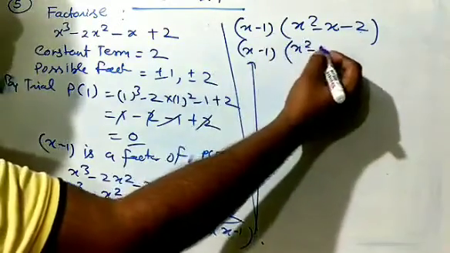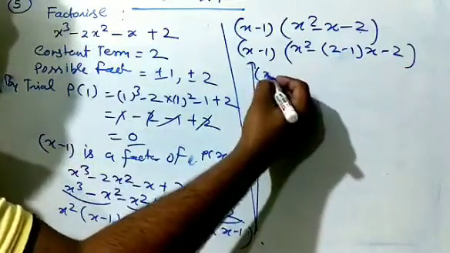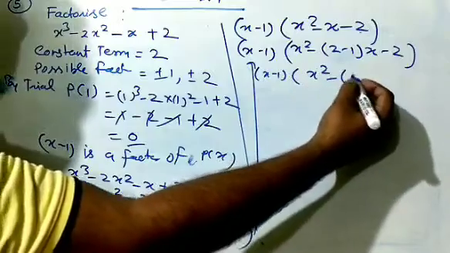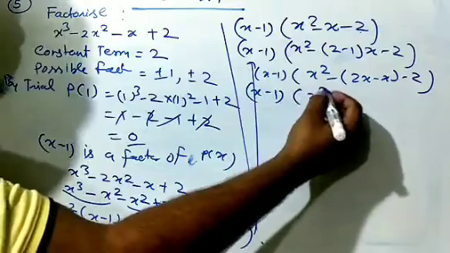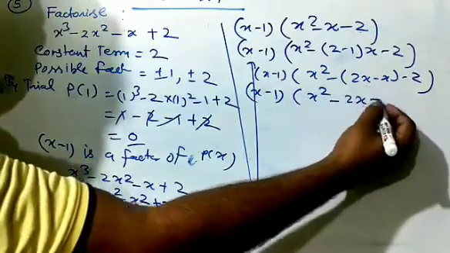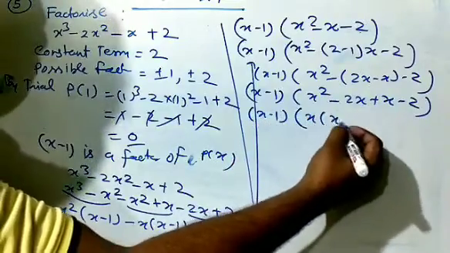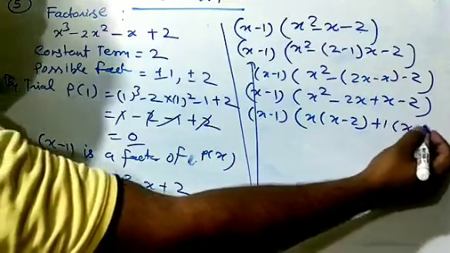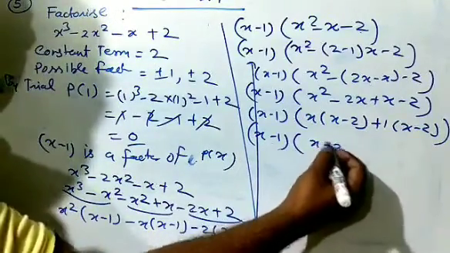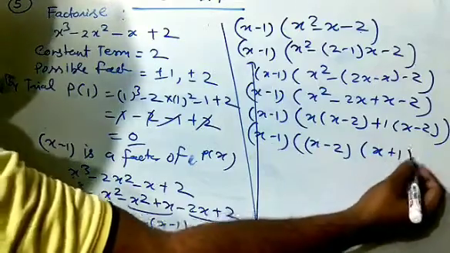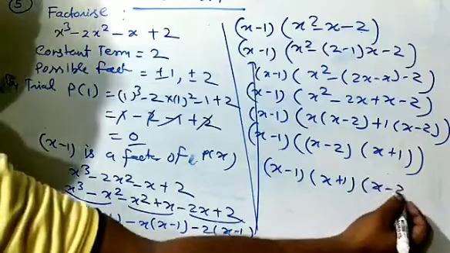So x minus 1, x square minus 2x plus x minus 2. Then x is common, x minus 2 plus 1, x minus 2. So x minus 2 is common, and x plus 1 will be a factor. The factors are x minus 1, x plus 1 and x minus 2.